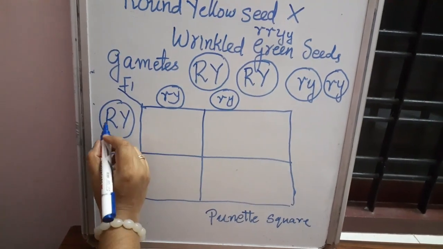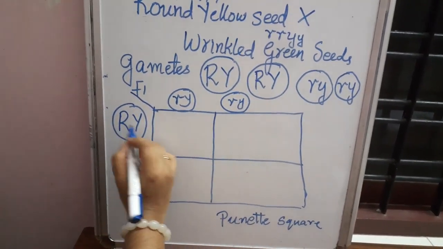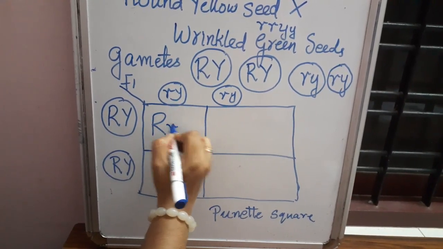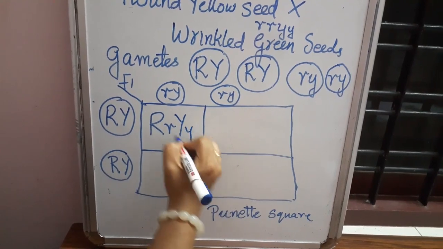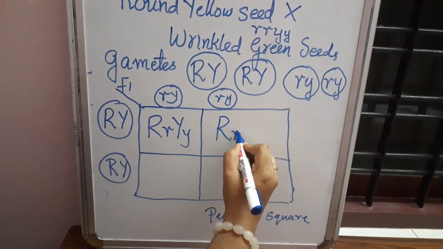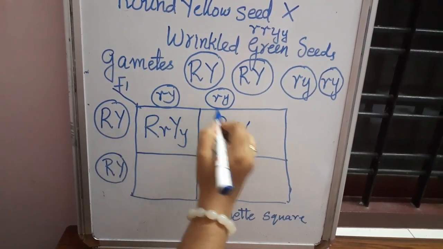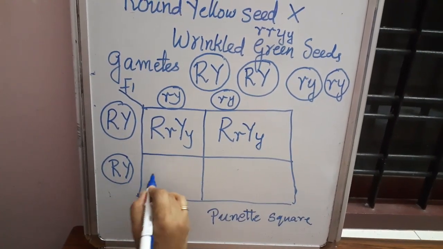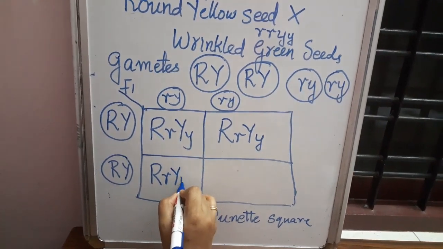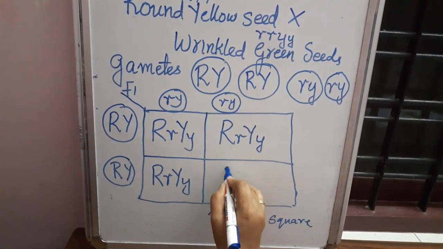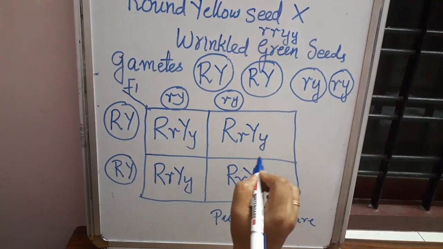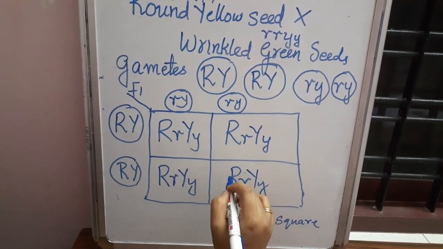Now what we have to do, first we should write the capital letter. So the first one will be capital R, then small r, capital Y, small y. The next will be capital R, small r, capital Y, and small y. Next one here, capital R, small r, capital Y, small y. Then here capital R, small r, capital Y, small y. So what will be the phenotype of this?